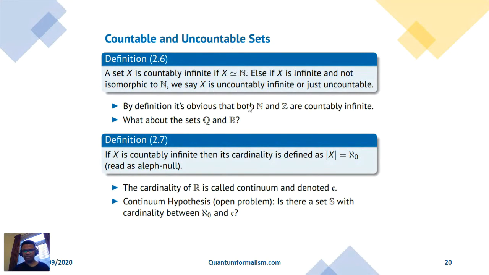By definition, N and Z are countably infinite, because N is isomorphic to itself and it's isomorphic to Z. Now, this question will not be for the mathematicians: what about the set of rational numbers? Who thinks the set of rational numbers is countable? Yes, it is countable indeed. What about the set of real numbers?